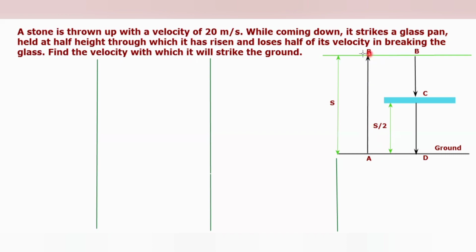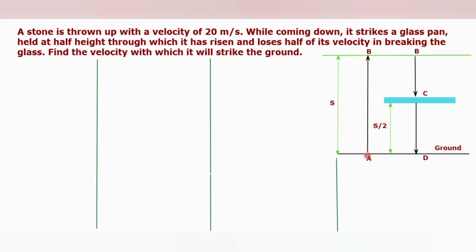Then while coming down, if the glass pan is not there, and the stone is not going to hit and break the glass, then from the dead point it will normally come and hit the ground.